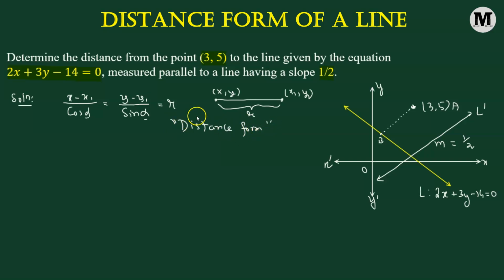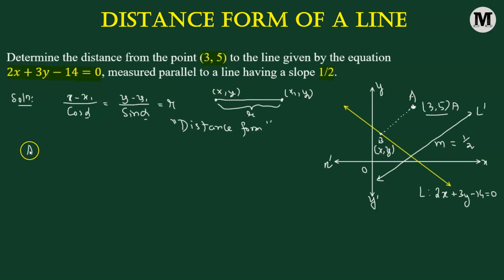Okay, so how shall we do that? Since we have two lines, the line L prime and the line L, we'll consider the line which is passing through 2 points. So here, let us consider the line segment AB. Clearly it passes through the point A and the point B. We already have the coordinates of point A. What we need is the coordinates of point B, so we'll assume that the coordinates of point B are (x, y).